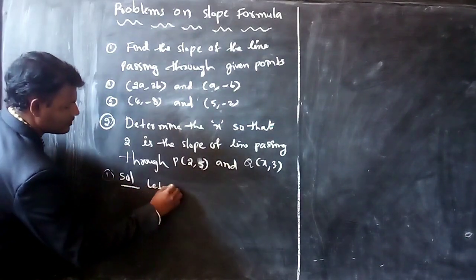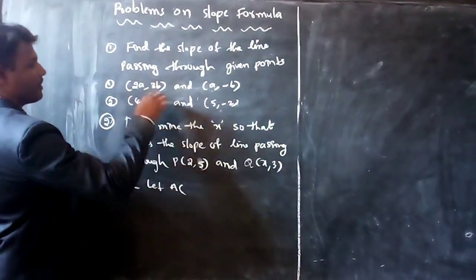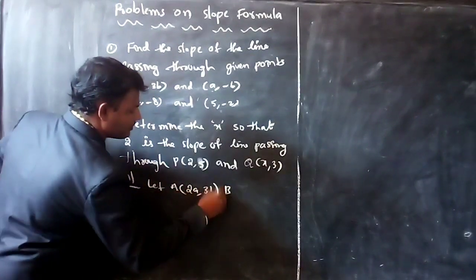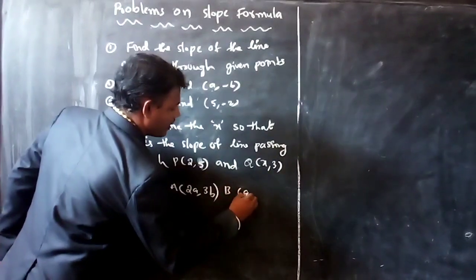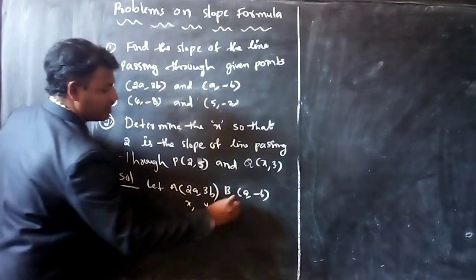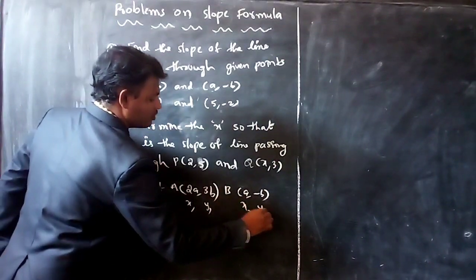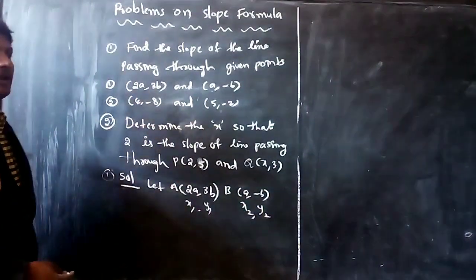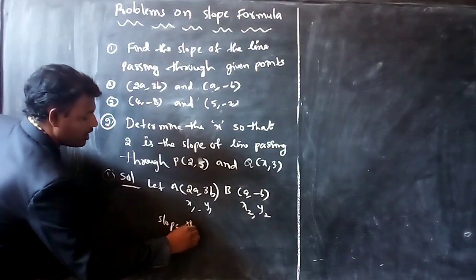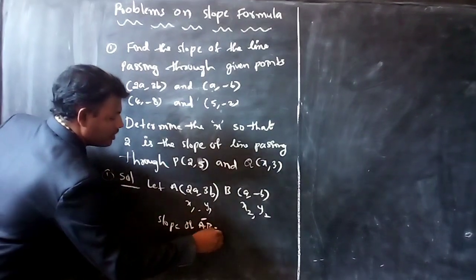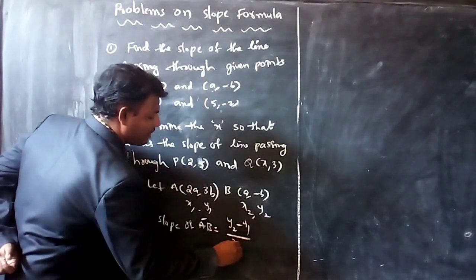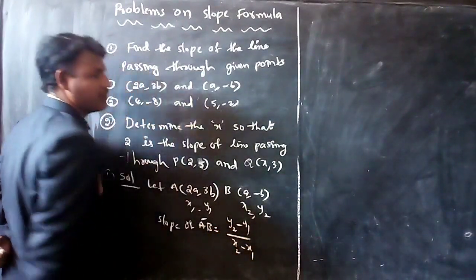Let A (2a, 3b) and B (a, minus b). Let these be (x1, y1) and (x2, y2). Already we have the slope formula. What is the formula? Slope of AB is equal to (y2 minus y1) by (x2 minus x1).